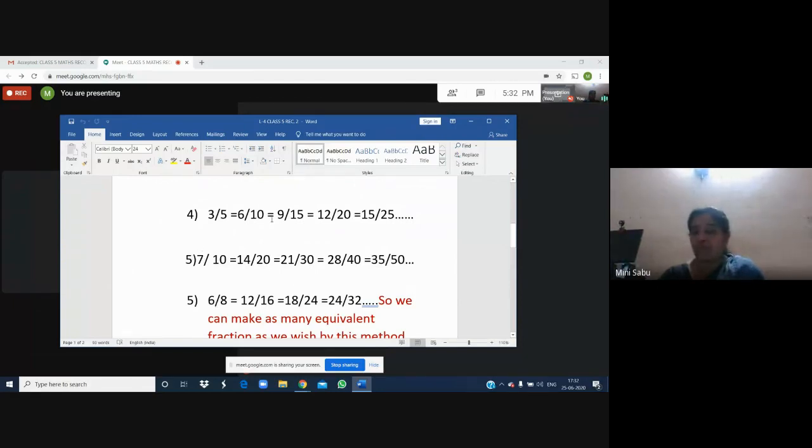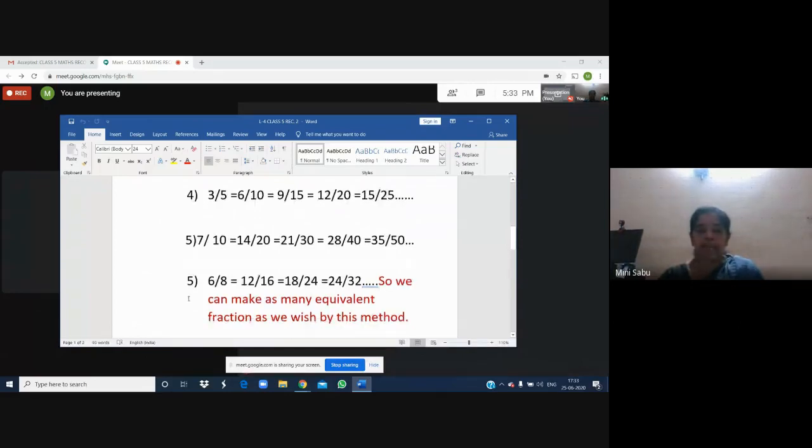Similarly, 7 4s are 28, 10 4s are 40. Similarly, 7 5s are 35 and 10 5s are 50. And this shows we can have so many equivalent fractions like this using the multiplication method.